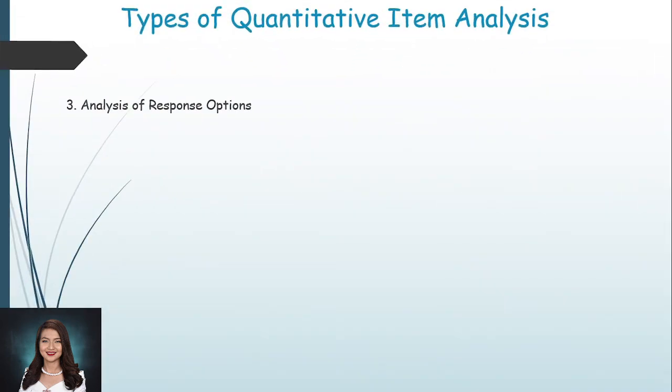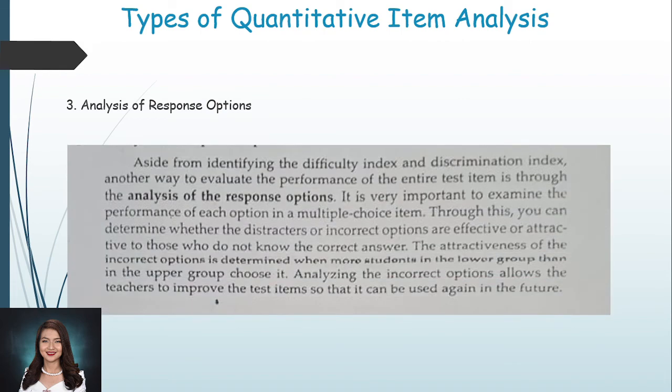And lastly, we have the analysis of response options, or the ARO. Aside from identifying the difficulty index and discrimination index, another way to evaluate the performance of the entire test item is through the analysis of the response options. It's very important to examine the performance of each option in a multiple choice item.